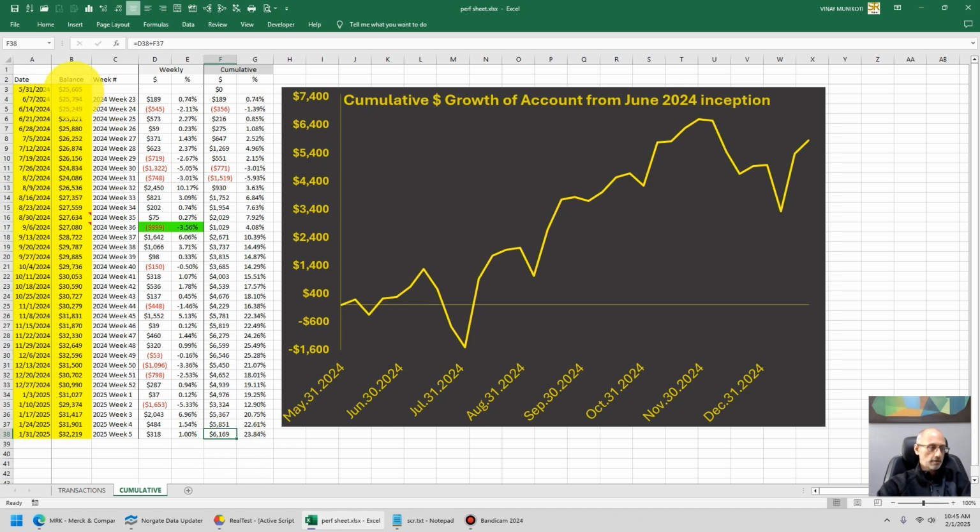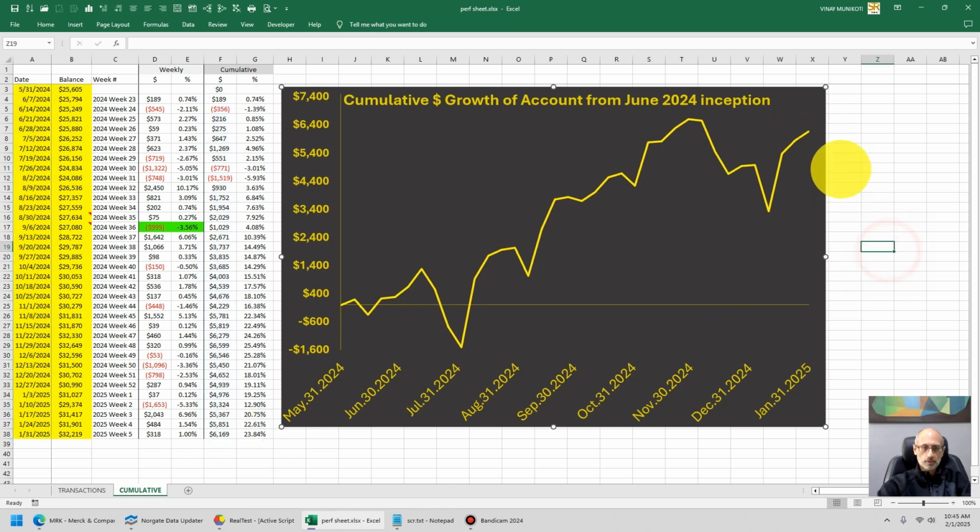And I started off in June with a starting balance of around $25,000. And so that represents a percentage gain of about 24%. And this is how the cumulative graph looks. So here we are getting closer to the prior peak that was reached on November 29th.